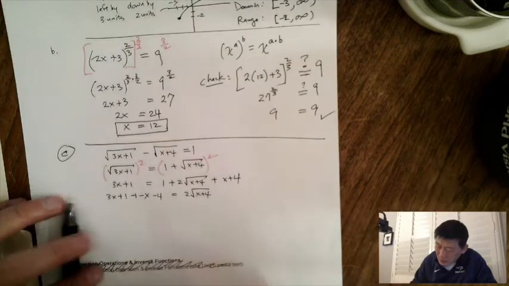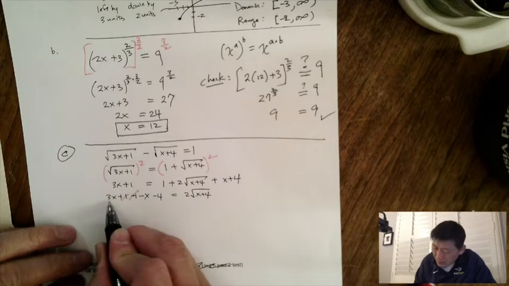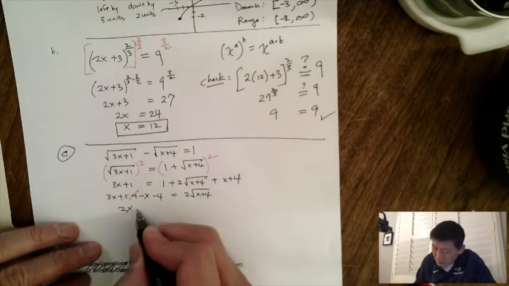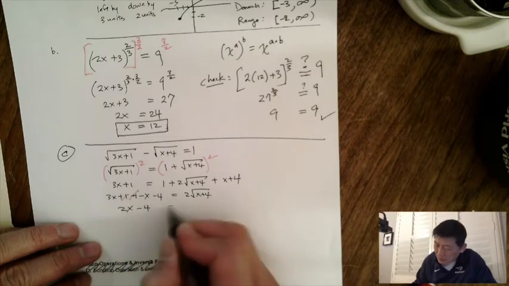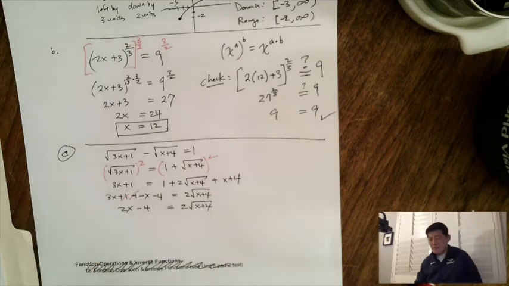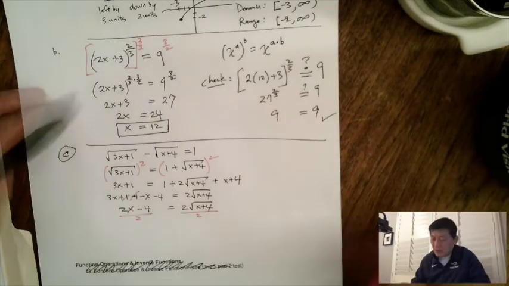So 1 and negative 1 cancel out. 3x minus x is 2x. So 2x minus 4 is equal to 2 square root of x plus 4. I can further divide by 2 on both sides.